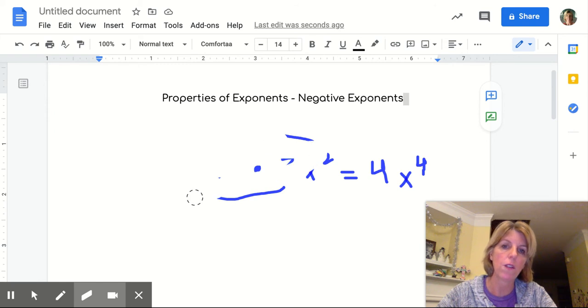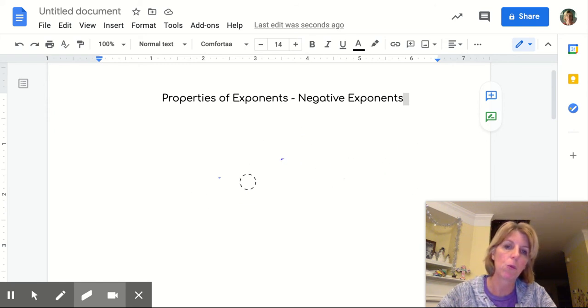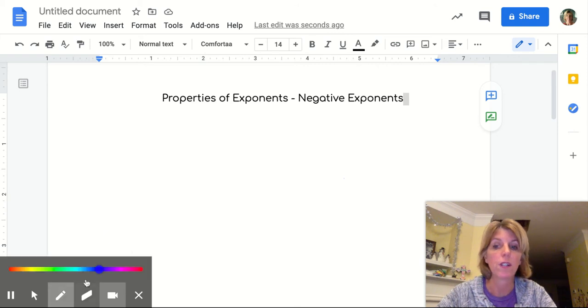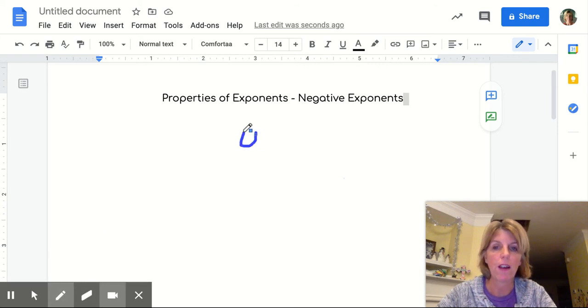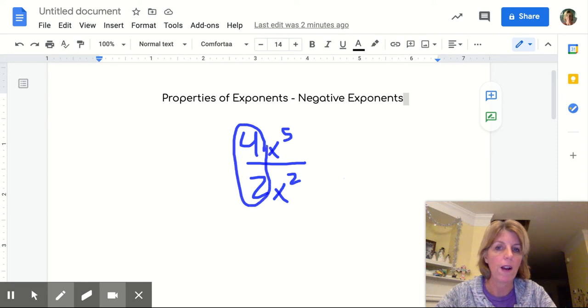All right, so that's multiplying. And then if I'm dividing, remember the rules for dividing? If you divide, you subtract, right? So if I have 4x to the 5th, and let's say that I have 2x squared, I'm going to divide those things. When I divide these, just like you normally would, 4 divided by 2, right? 4 divided by 2 has always been 2, always has been, always will be.